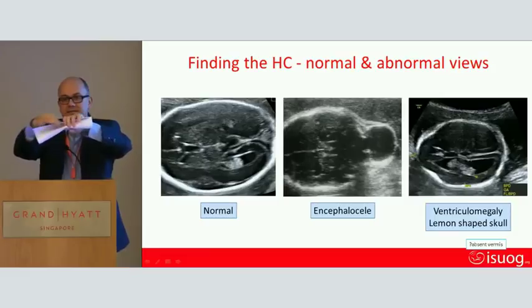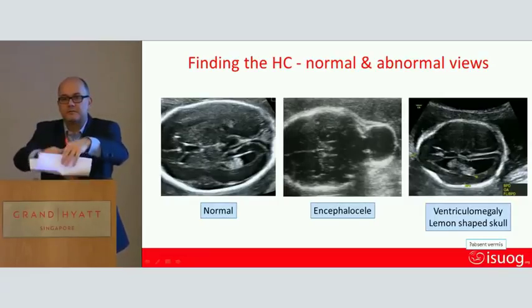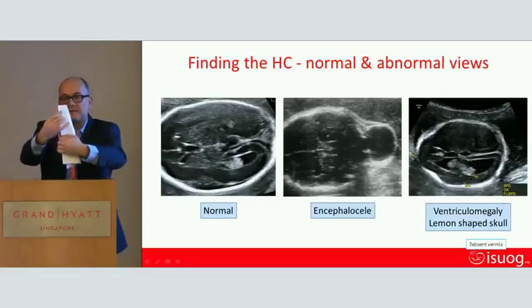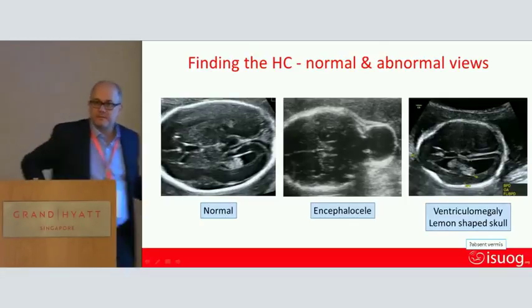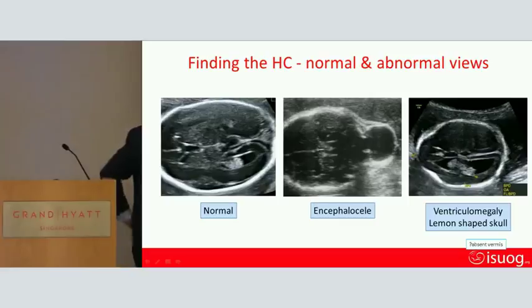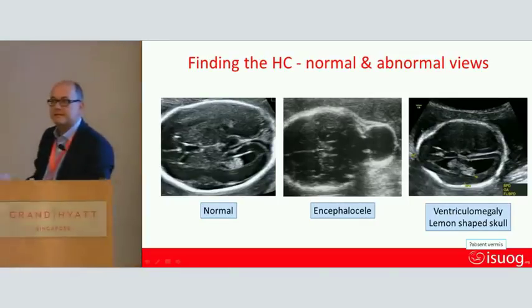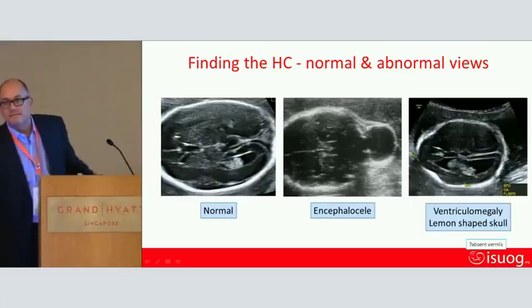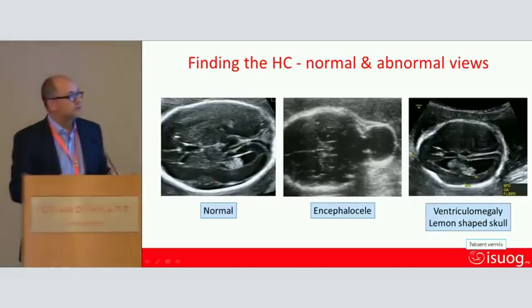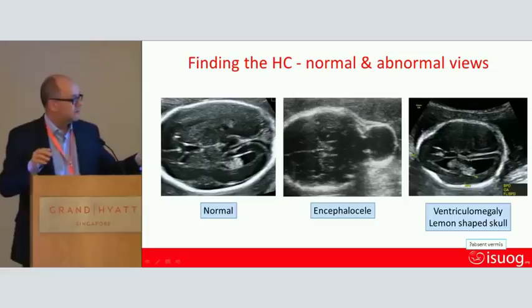If this zipping does not happen properly, then you have a hole in the neural tube. If it's at the bottom, then you get spina bifida. If it's at the top, then you get anencephaly, exencephaly, encephalocele. Okay? So these are neural tube defects.